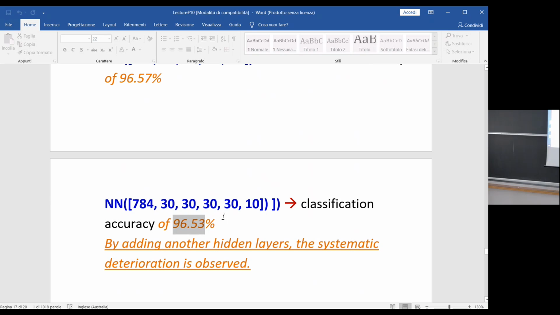By adjoining each new hidden layer, we always have some drop of precision. So by adding more hidden layers, a systematic deterioration is observed. And it is a very universal phenomenon for all complicated neural nets.